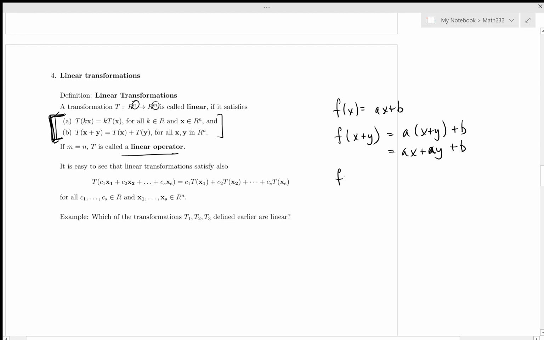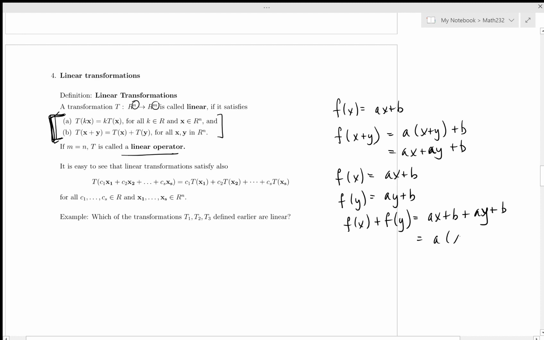What if I take f of x, that is ax plus b, and f of y, that is ay plus b, then I take f of x plus f of y, I get ax plus b plus ay plus b. I get a times x plus y plus 2b.